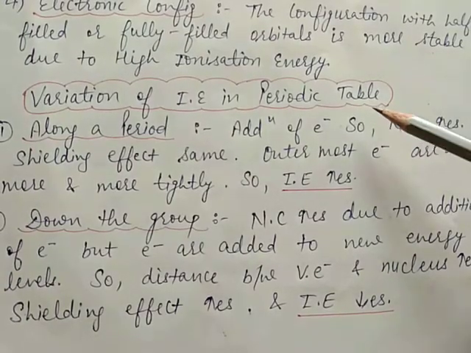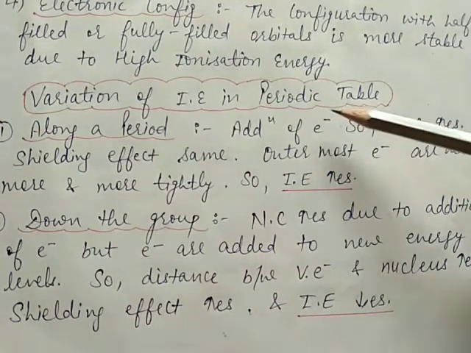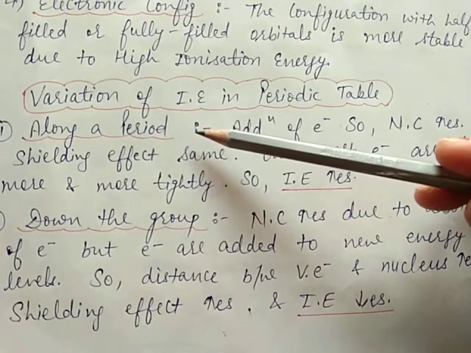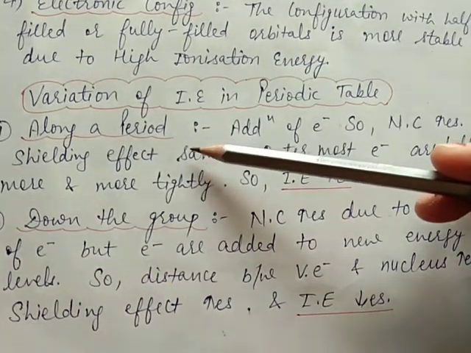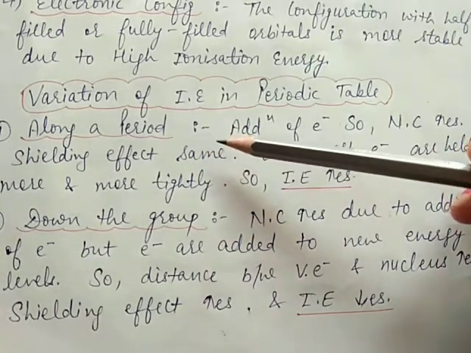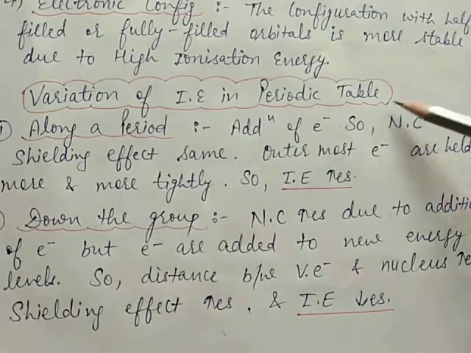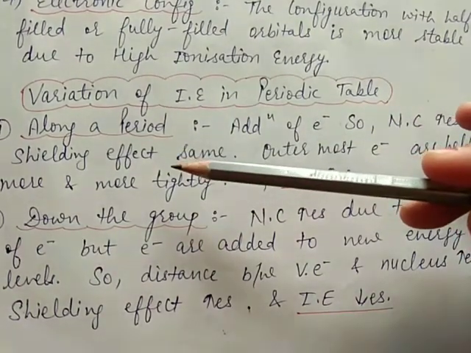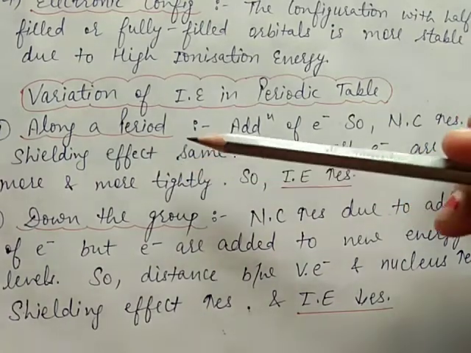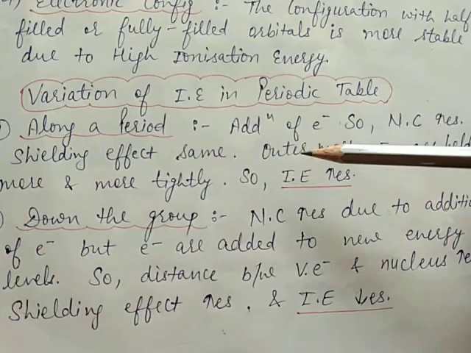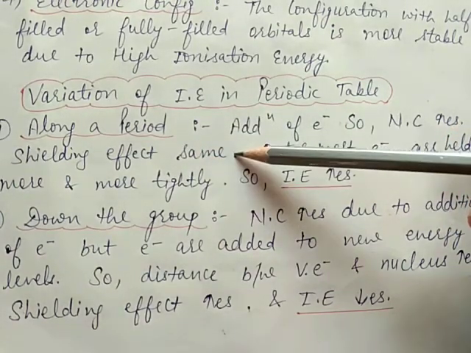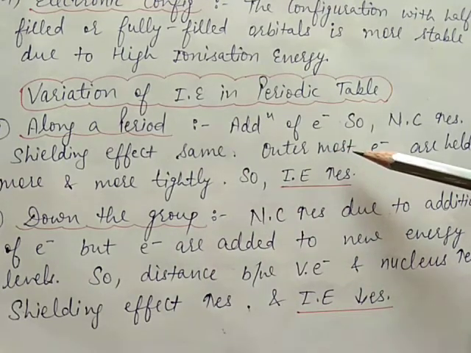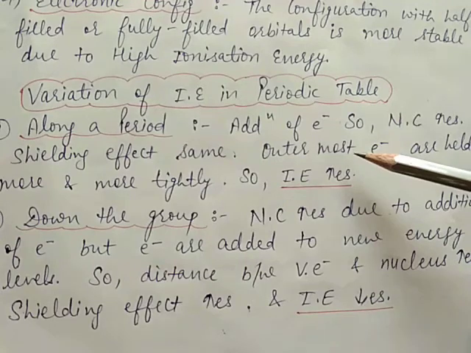Now the next topic is variation of ionization enthalpy in the periodic table. First is along a period. On moving along a period from left to right, the successive addition of one electron increases the nuclear charge. But the electrons are added to orbitals of the same principal quantum level, so the screening effect remains the same and is not enough to compensate for the increased nuclear charge.